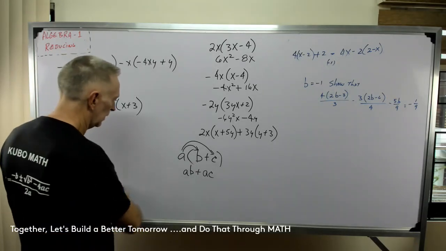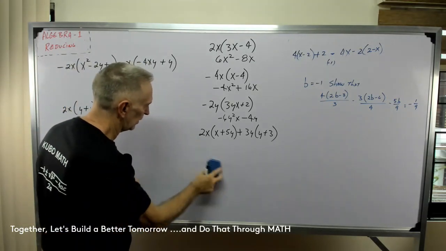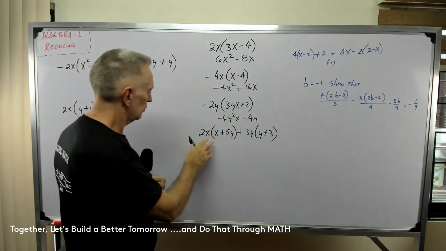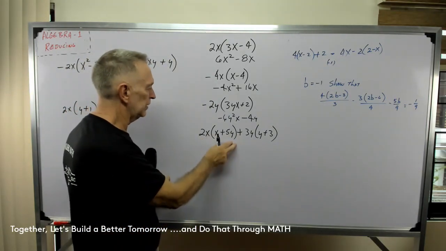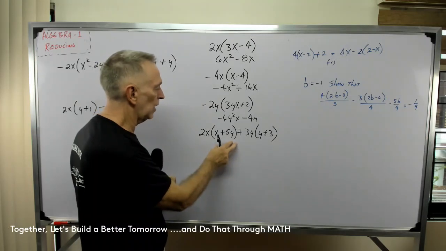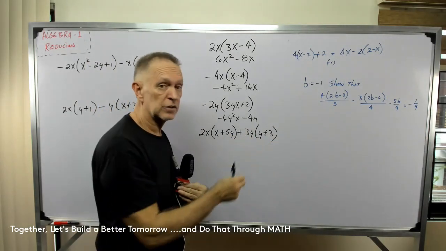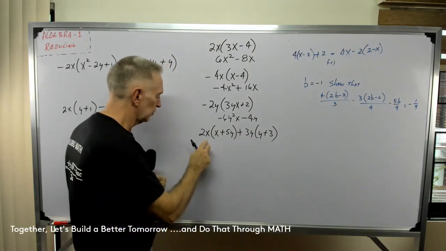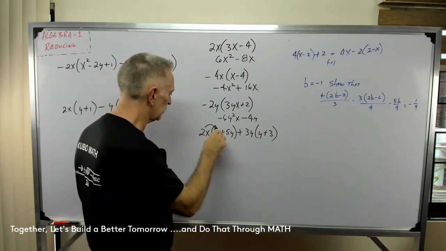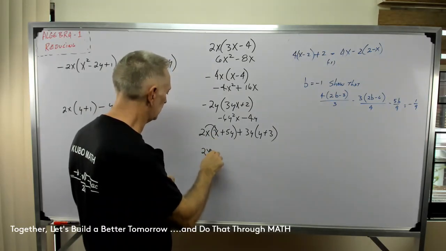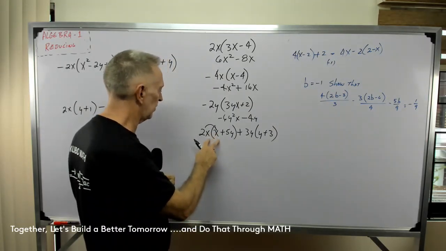Okay. This one may be a little bit more involved. We have two parentheses, so 2x times the parentheses of x plus 5y, plus 3y times the parentheses of y plus 3. So let's distribute the 2x into the inside. 2x times x is 2x to the second power.